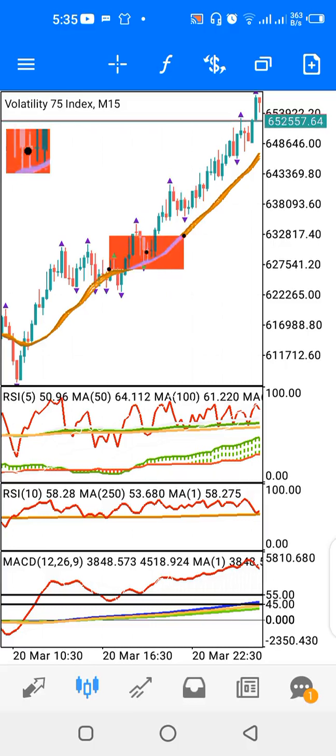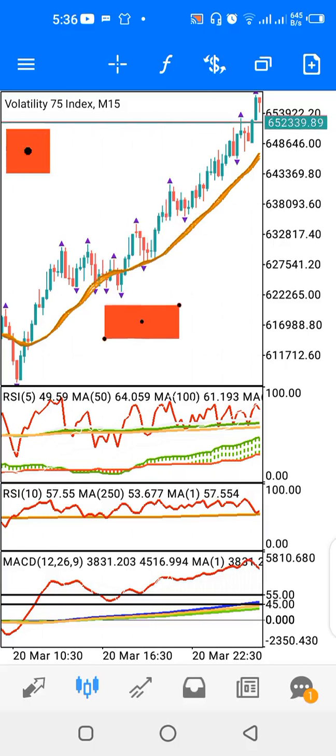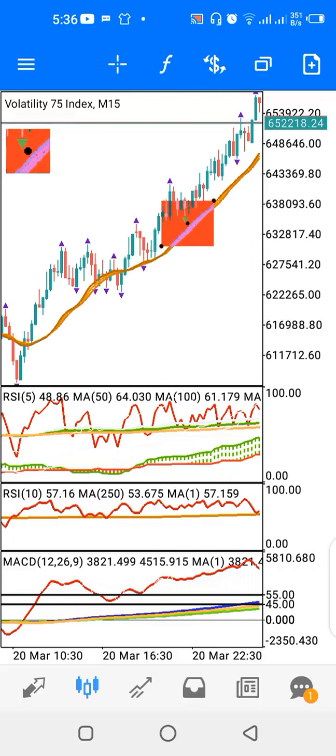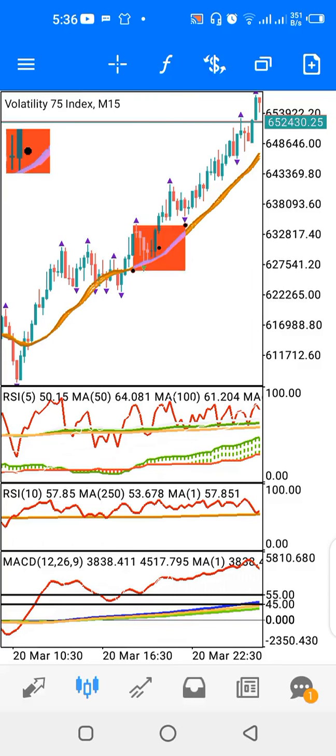Okay, if it's above, it must be 3 bullish candle closes. Like if you look at this point, you have 2 bullish candle closes, but the 3rd bullish candle close is around here. So you take your trade on the 3rd bullish candle close.